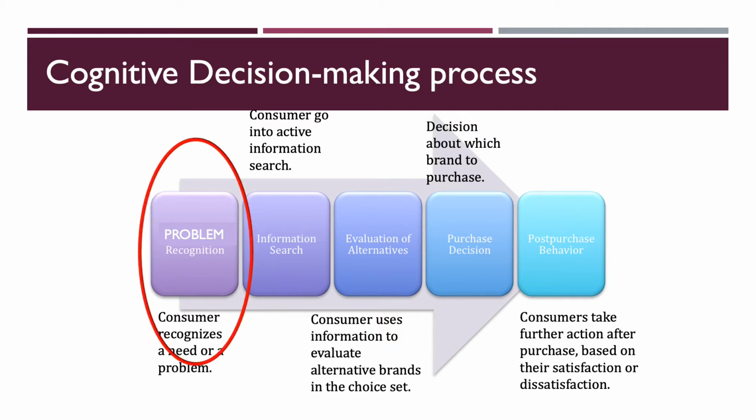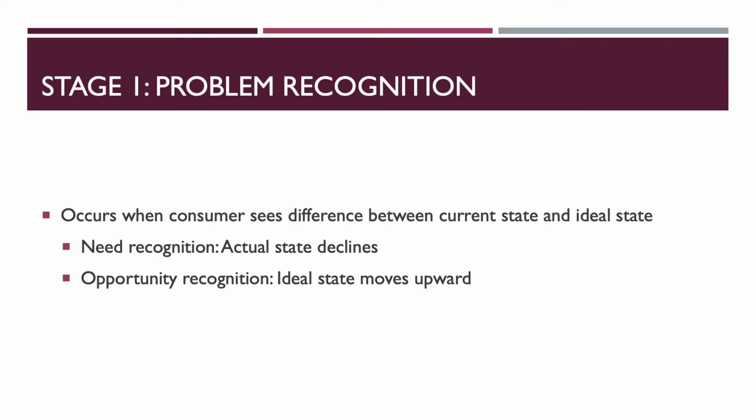We will start with problem recognition. Problem recognition happens when a consumer recognizes a need or a problem. Problem recognition, as I said, is the first step in the consumer decision making process. It can occur when a consumer's state of being declines, which then triggers a desire to return to normalcy, or when a consumer recognizes an ideal state he or she wishes to achieve.